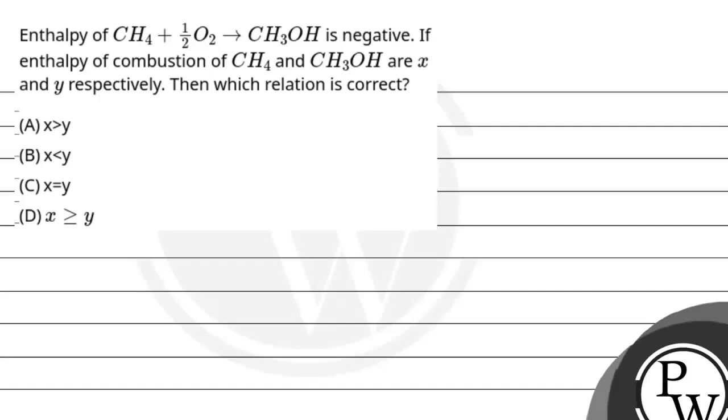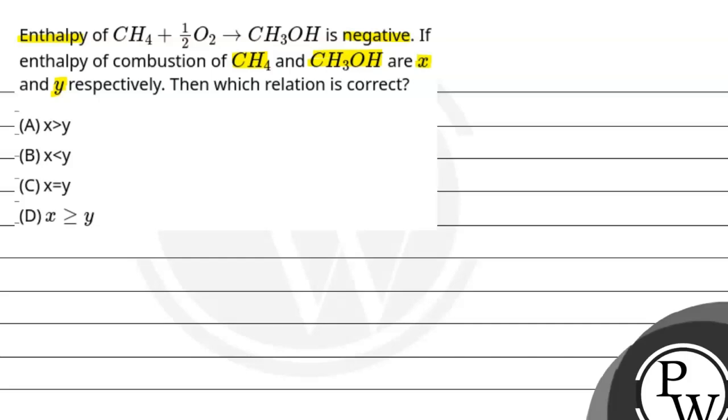The question says the enthalpy of CH4 plus half O2 gives CH3OH is negative. So the enthalpy of this reaction is given as negative. If the enthalpy of combustion of CH4 and CH3OH be X and Y respectively, then which relation is correct?